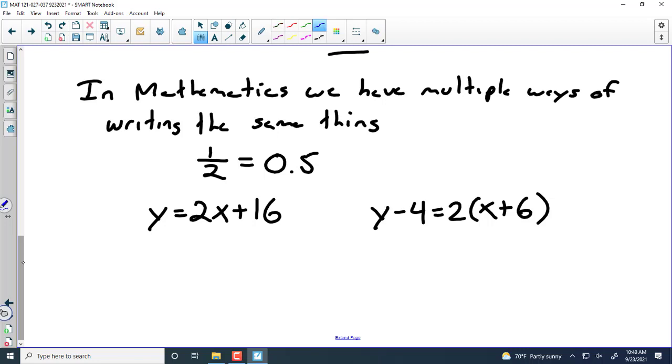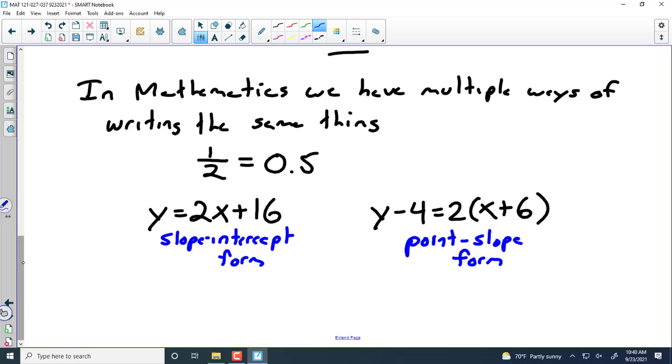This one happens to be written in what we call slope-intercept form. Does anyone remember what we call this one over here? Point slope form. Now they're both lines. They both generate the exact same graph. There's no difference between the two.